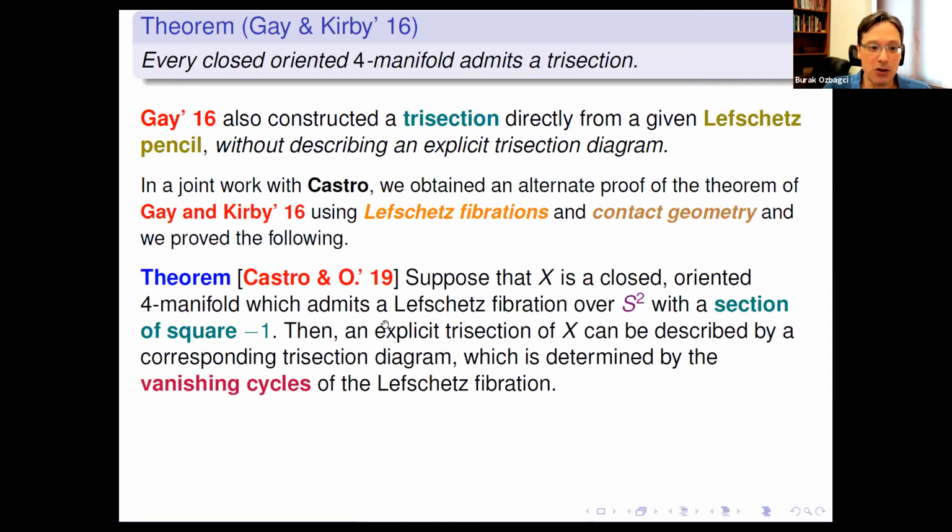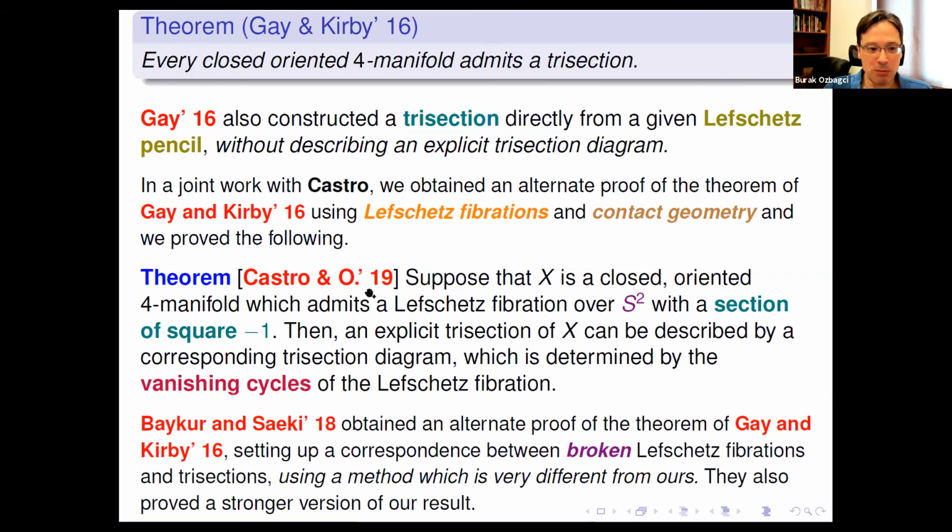So anytime you have an explicit description of the vanishing cycles of a Lefschetz fibration, then you can construct these diagrams. I should also mention that Baykur and Saeki, around the same time but published earlier, obtained an alternate proof of the theorem of Gay and Kirby, setting up a correspondence between broken Lefschetz fibrations, which I didn't have time to discuss but is a main part of the topic in 4-manifold topology, and trisections, using a method which is very different from ours.